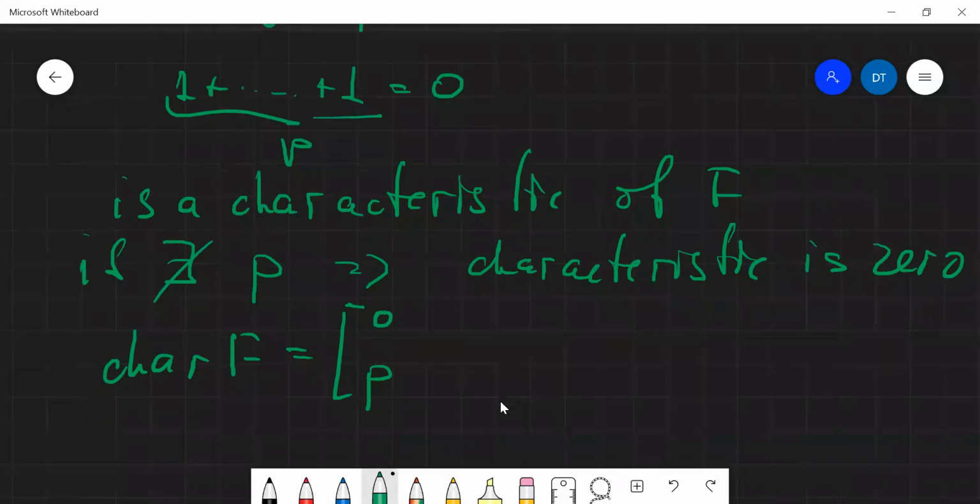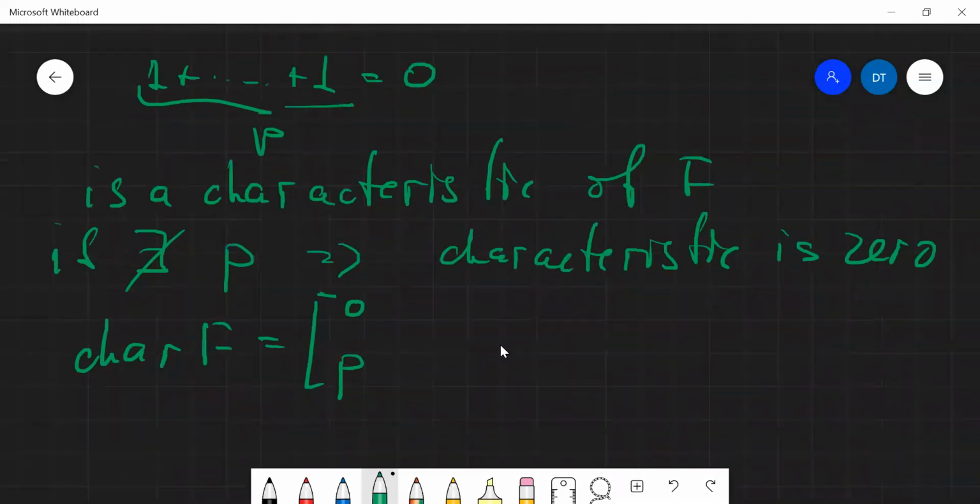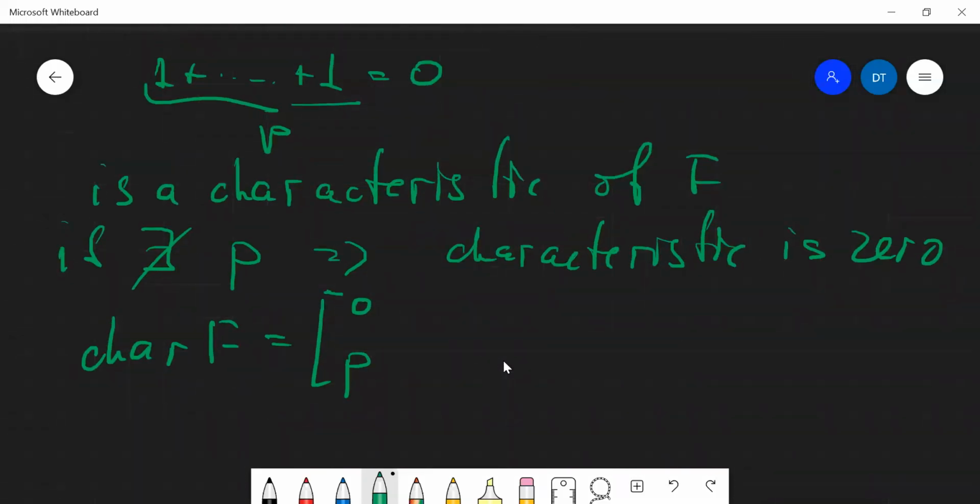And for convenience, I would like to introduce an additional notation. So instead of writing this 1 + 1 + 1, p times, I will write simply p times 1. Here p is an integer and 1 is an element of the field. So this is an element of the field and p is just a natural number actually.